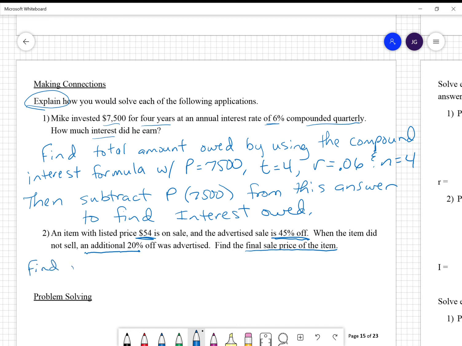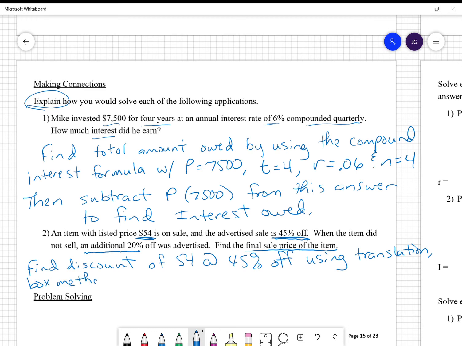Find discount of $54 at 45% off using any of the methods we've done so far: translation, box method, or proportion. Then subtract from 54 to find sale price.